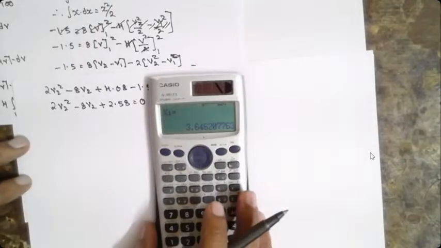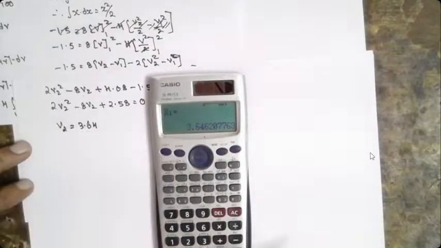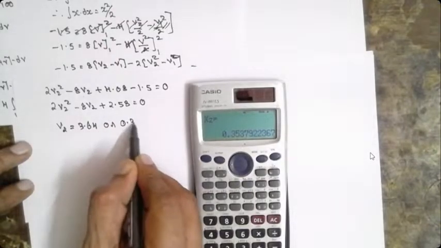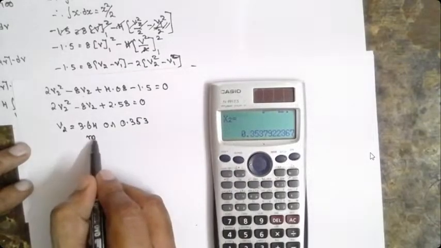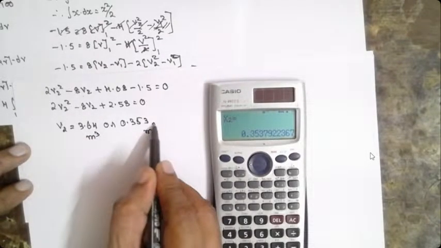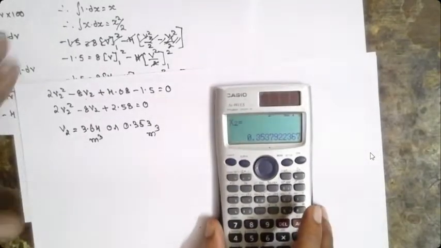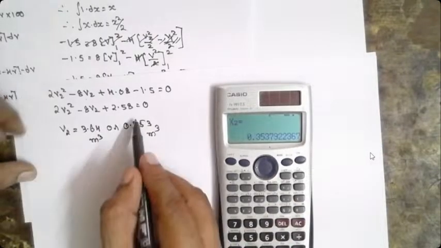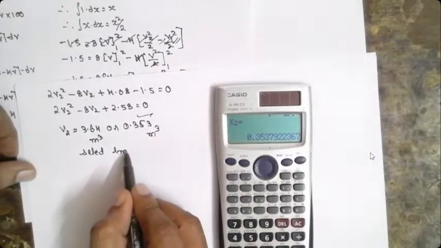The answer for v2 is 3.64, because it is a square, therefore two values appear. The next value is 0.353, in meter cube. As per the volume, we have to select the smallest value, the smaller volume.